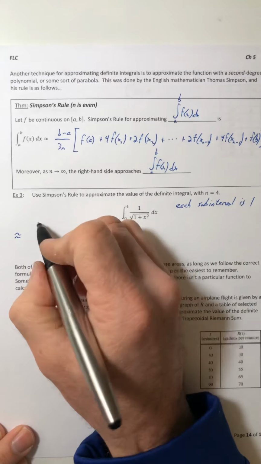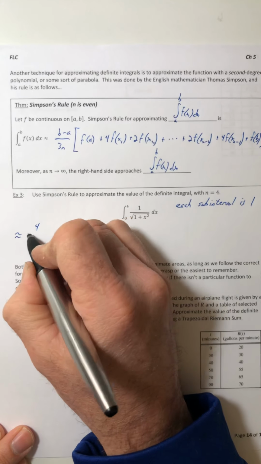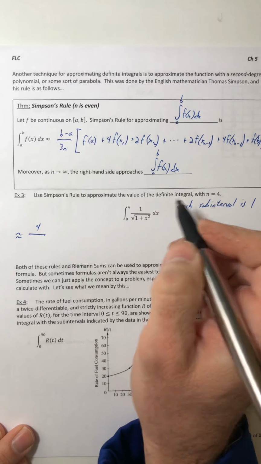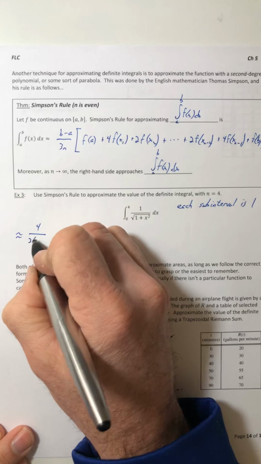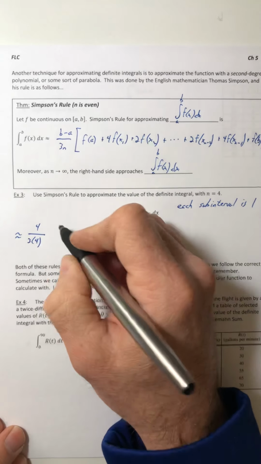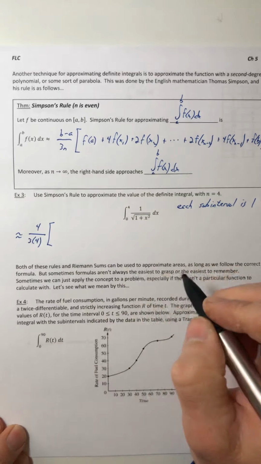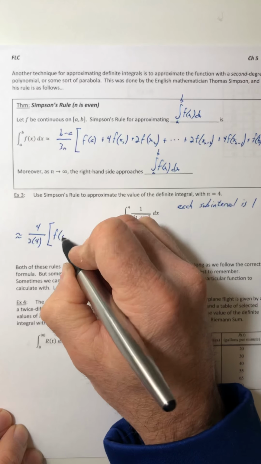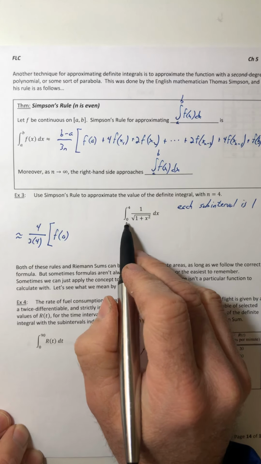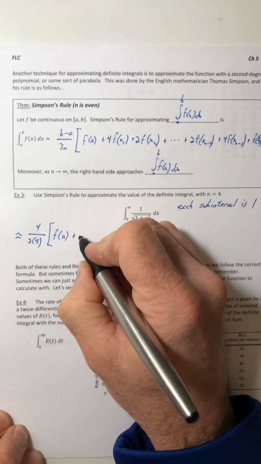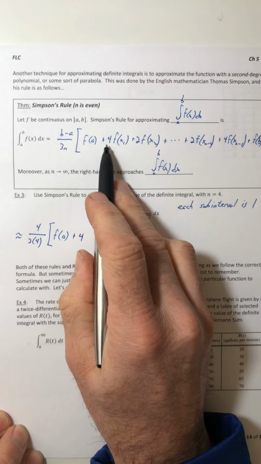So b minus a would be 4 over 3n. So 3 times 4. So we're going to start with f of 0, since 0 is the lower bound. And then plus, it's going to start with a 4.